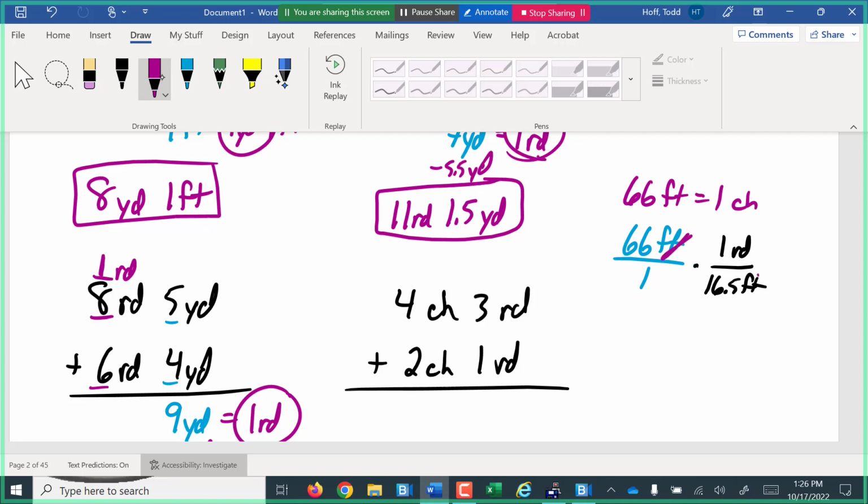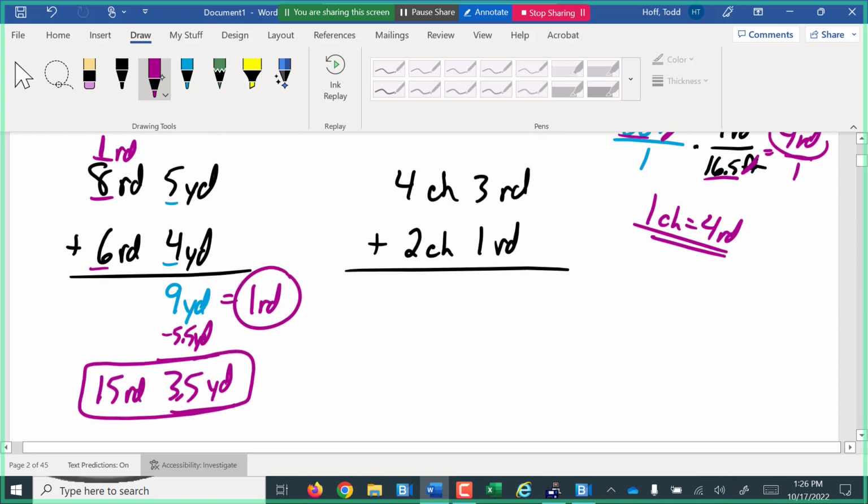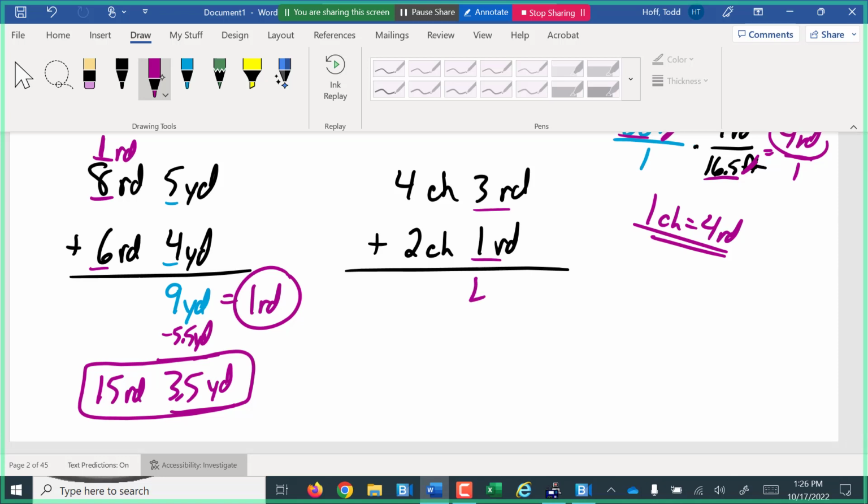And so the feet cancel out. 66 divided by 16.5 is 4 rods. So 1 chain is 4 rods. So back to here, 3 rods plus 1 rod is 4 rods. Is that bigger than a chain?